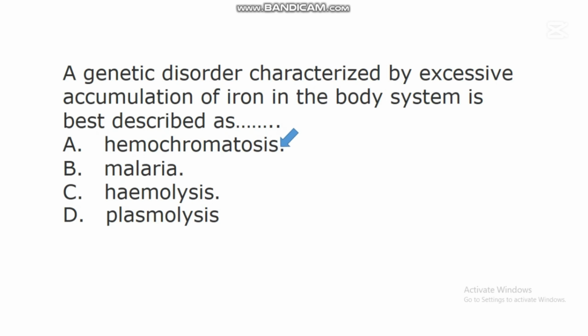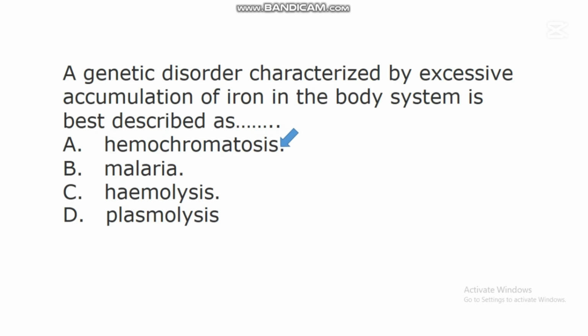So this hemochromatosis can be caused by other factors, like someone taking food materials that are rich in iron, or when someone takes things that contain excess iron in them.